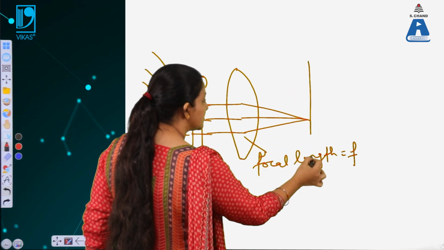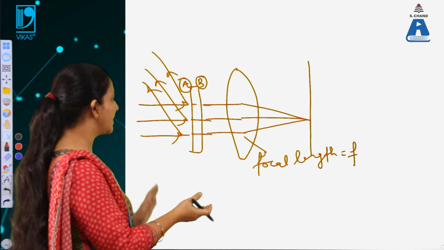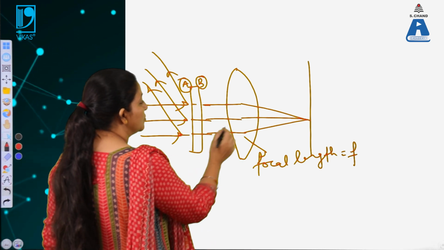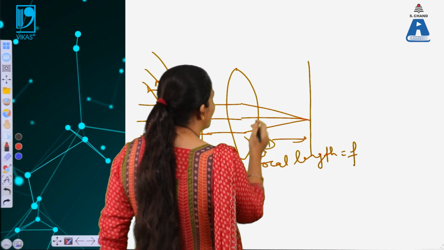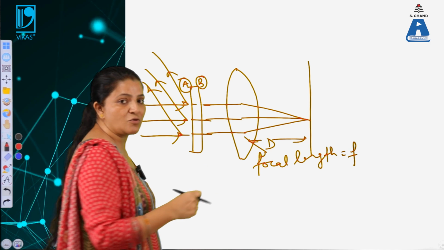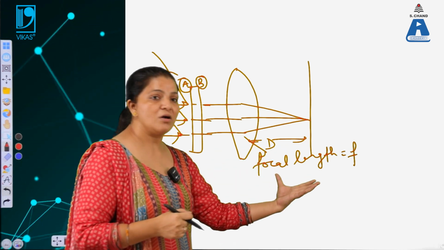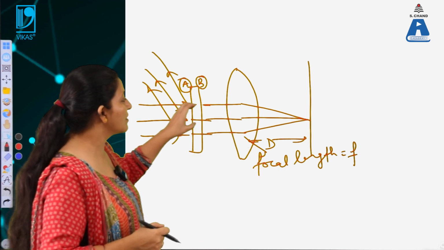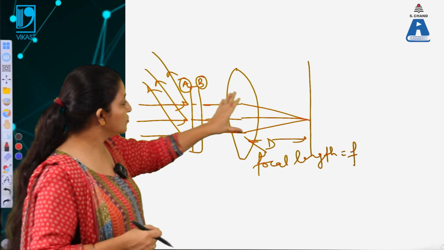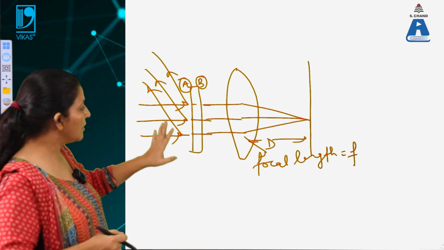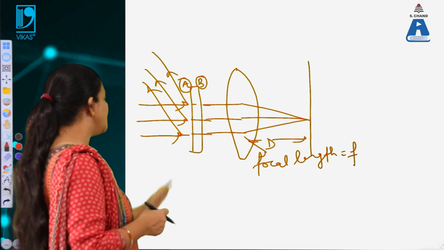Now if this is a screen from where we want to see the back side or the front side of the object, and this distance is d over here, then again maxima and minima of the objects can be formed. So this length is called the focal length of the lens, how we can converge the light at a single point. By using this concept, we are able to see the different portions of the object.